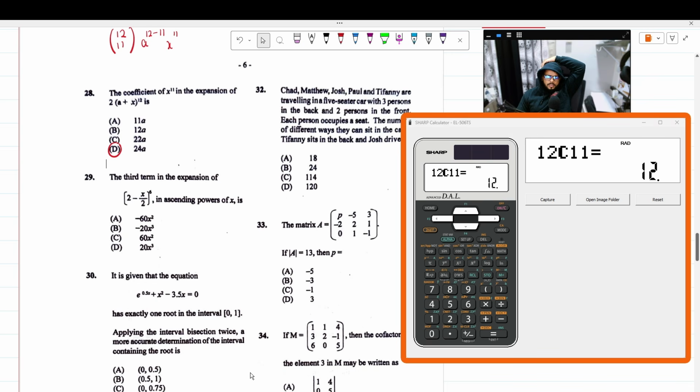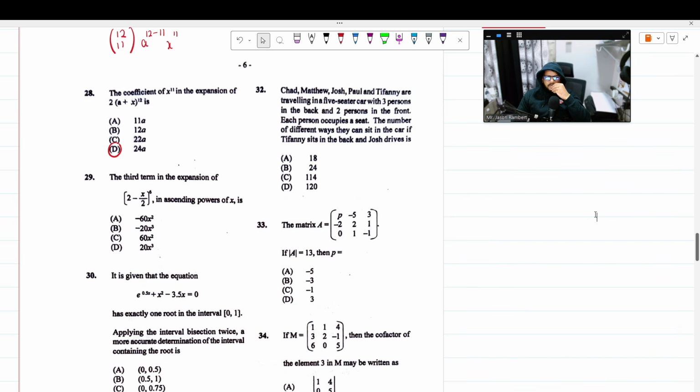The third term in the expansion in ascending powers of x is, so it will be the x to the power of, or in ascending, does this mean I would have done one of the questions in the past wrong? So ascending powers of x means we start at x to the power of, no, we'll be correct. Okay, yes. So the first term will be the biggest power, right?